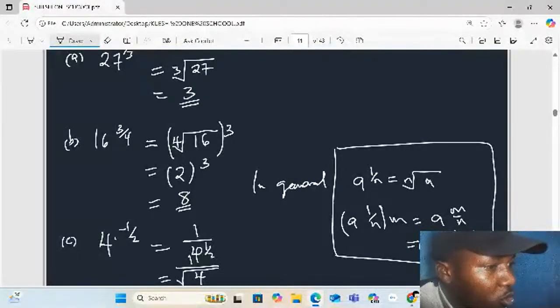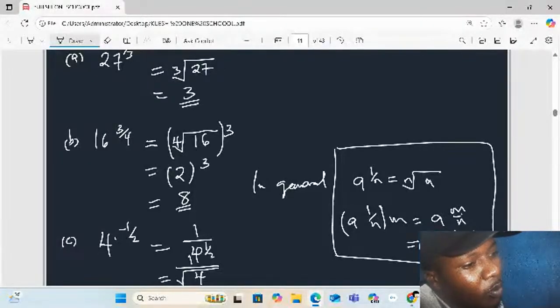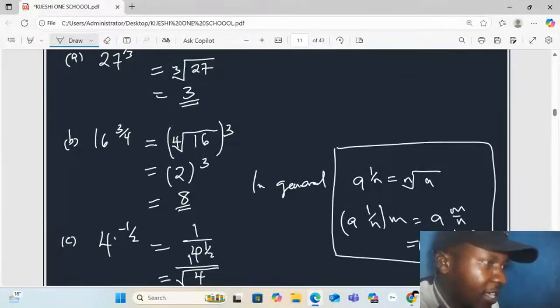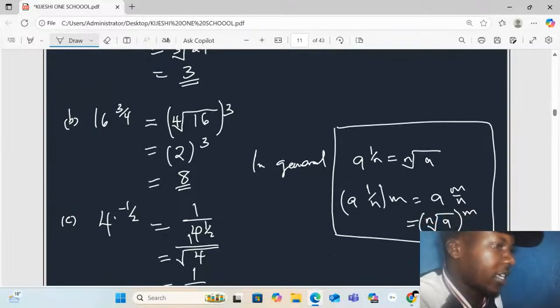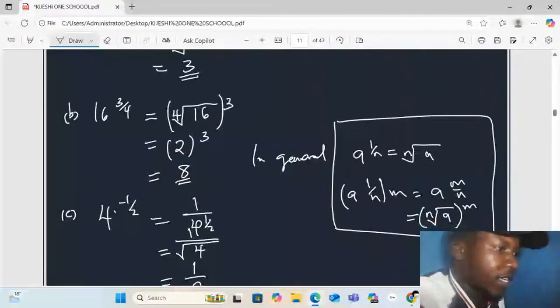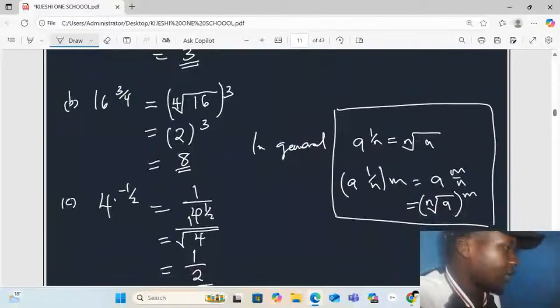So you find the nth root of the base, then you make m, which is the numerator of the power, your new power. Then that is how you arrive at your final answer. So you can have that for your future reference, and it will help you.